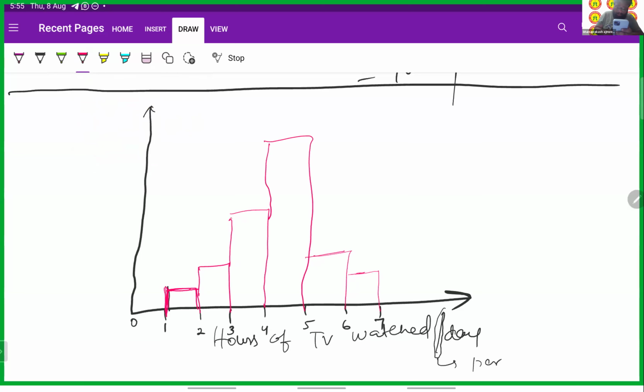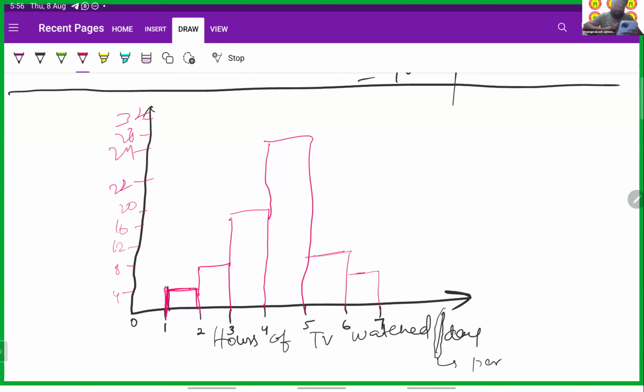So this again is 4, 8, 12, 16, 20, 24, 28, 32.